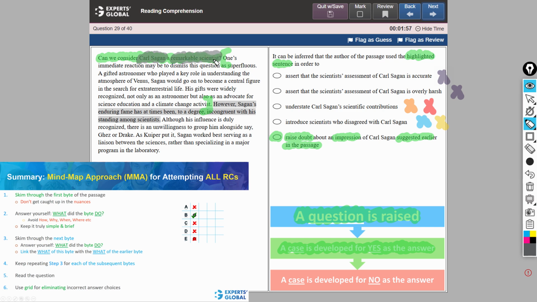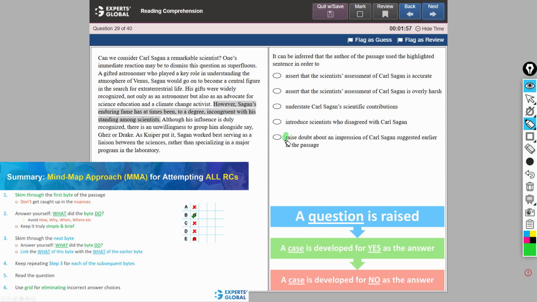But then the passage introduces a contrast trigger and raises doubt about this impression that our scientist should be considered a remarkable one. And see, after raising this doubt in the sentence here, the passage further goes on to develop a case for suggesting no as the answer for this question about whether our scientist should be considered a remarkable one.